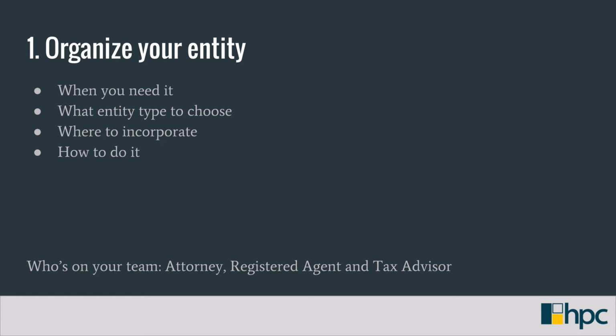So in terms of what type of entity to choose, it's actually relatively simple here in the U.S. From a legal standpoint, there's corporations and limited liability companies, and of course there's partnerships also, but that's not a corporation. And there's a difference between what type of legal entity you form and how that entity gets taxed. We're going to do a session on this.